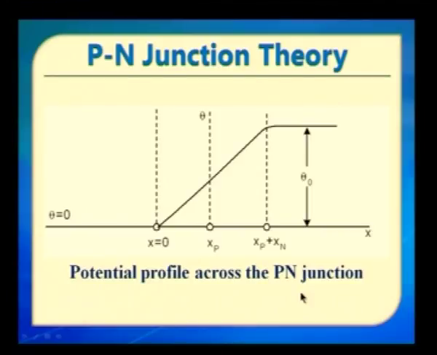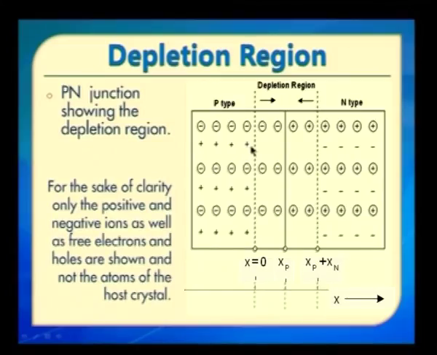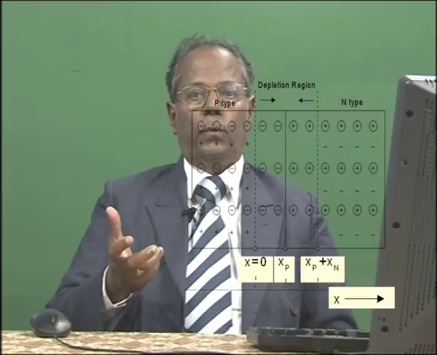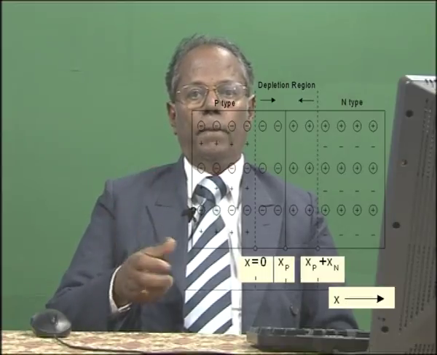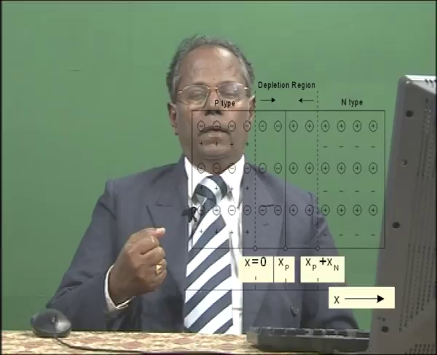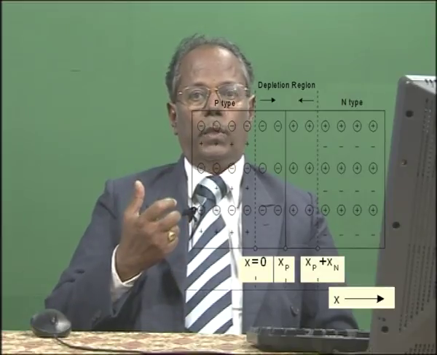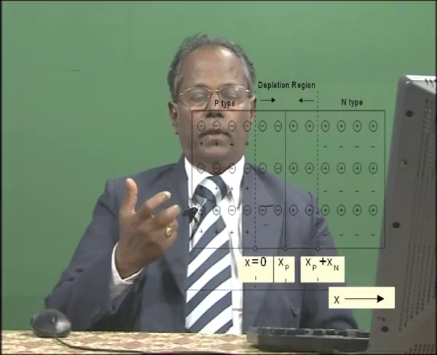Whereas, for the minority carriers, supposing you have a hole here, you have the minority carrier on the p side. What is the minority carrier on the p side? The majority carriers are holes, which is why we say p means positive. Because the majority carriers are holes, there will be minority carriers which are electrons.